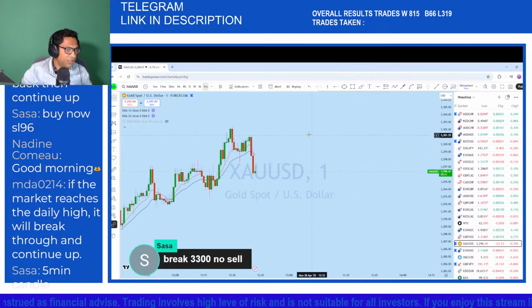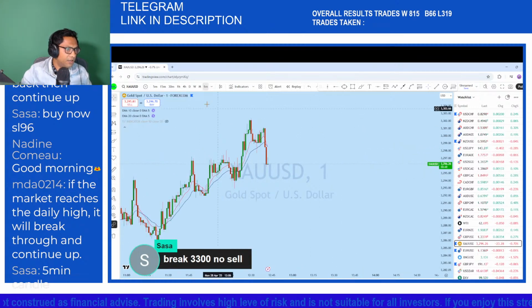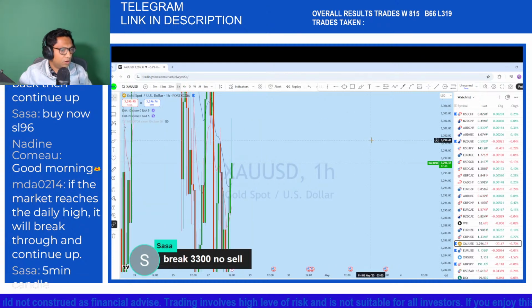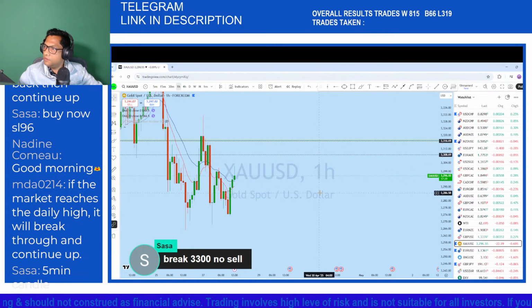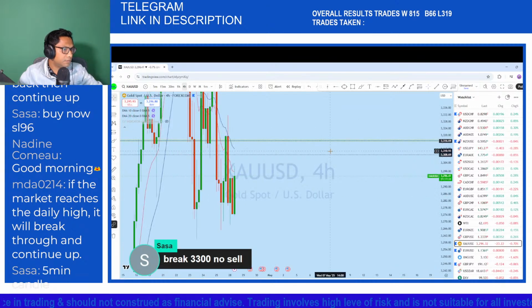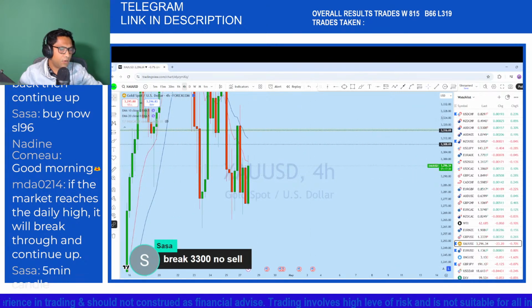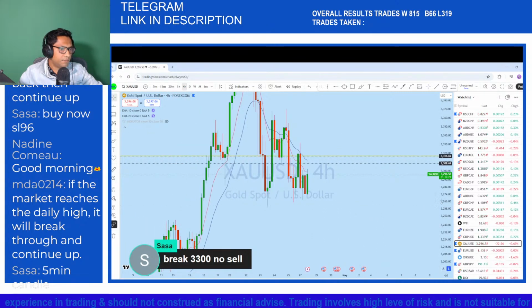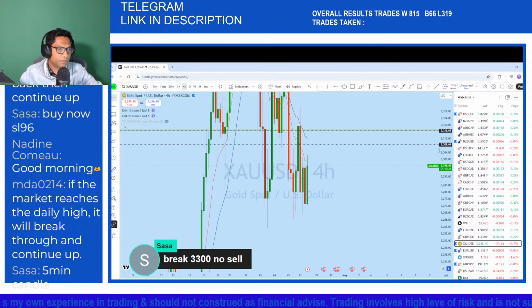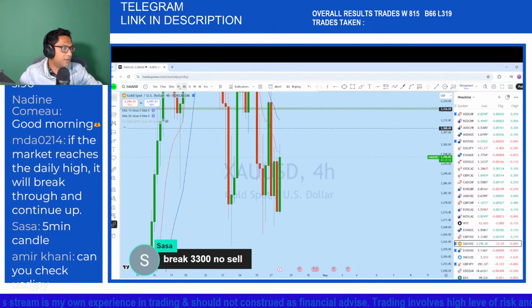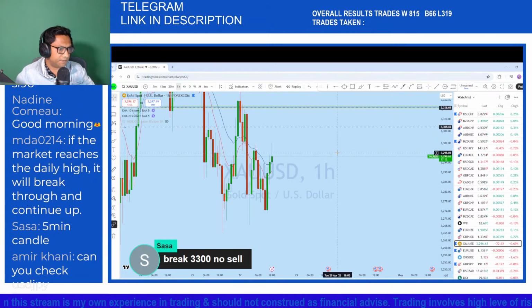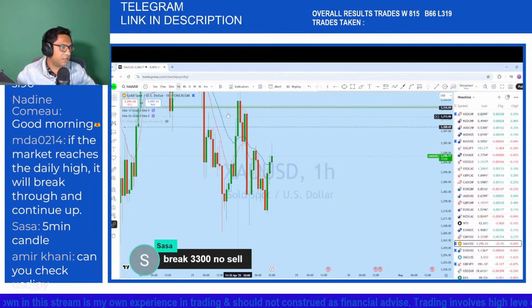So let's wait to see if the market is getting a reaction from this, or it's again breaking back. So this is the 4-hour chart. If you look at the 1 hour here, we can see there is a narrower candle in that area.